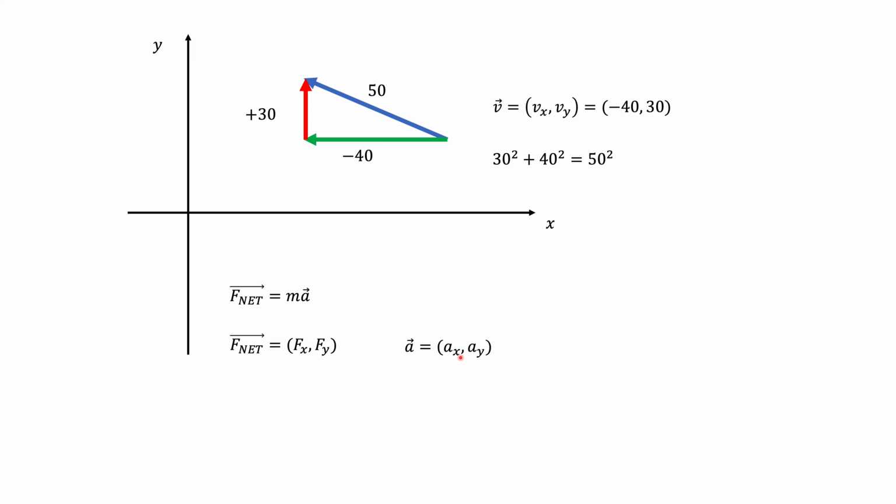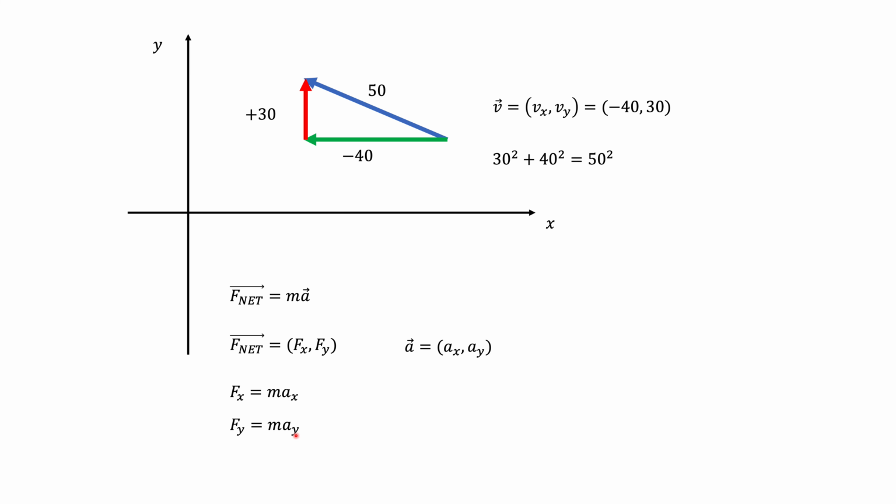Acceleration has two components along the x direction and y direction. What we should understand by this equation is that it should be applied to both the x component and the y component independently. So Fx should be equal to m times ax, and Fy should be equal to m times ay.